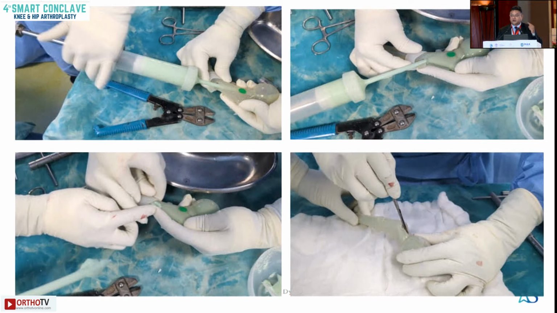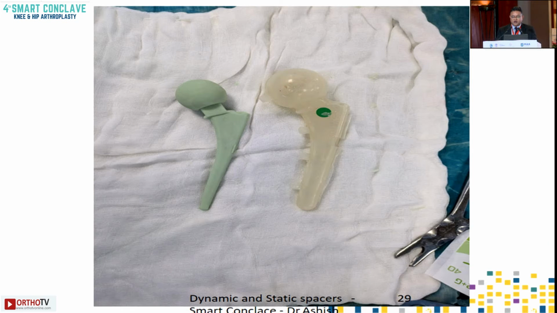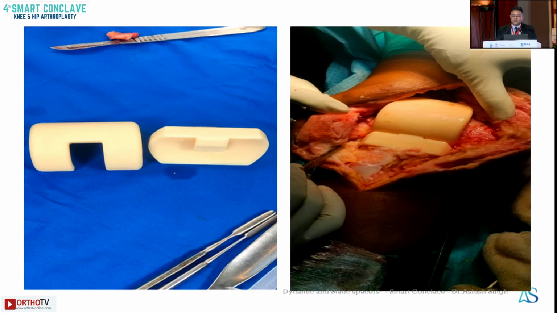Second, a practical problem: usually the molds are bigger in size, which I will show you, and in the Indian population the lower sizes of the femur are available, 1, 2, 3, and these molds are bigger. So both the ready-made and the available ones have problems, and making time is at least half an hour. So we prepare something like this and take it from there. This is the pre-formed one, but the size mismatch is always there in most of the patients.